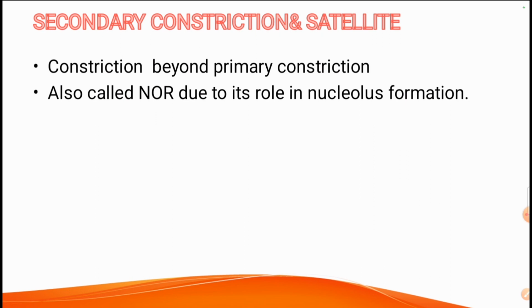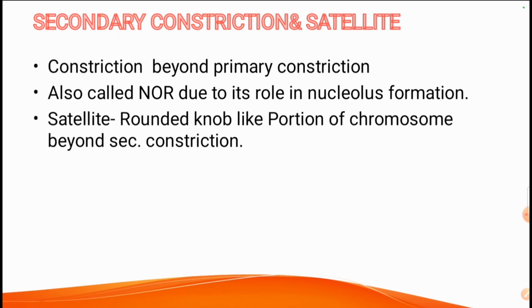Why do we call it the nucleolus organizing region? Because it takes part in nucleolus formation. In addition, there is a rounded knob-like portion beyond the secondary constriction, and this rounded knob-like portion is called the satellite.